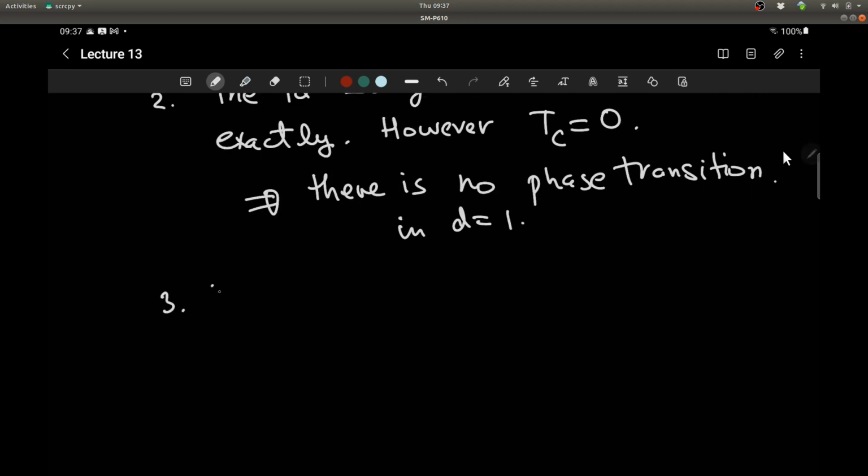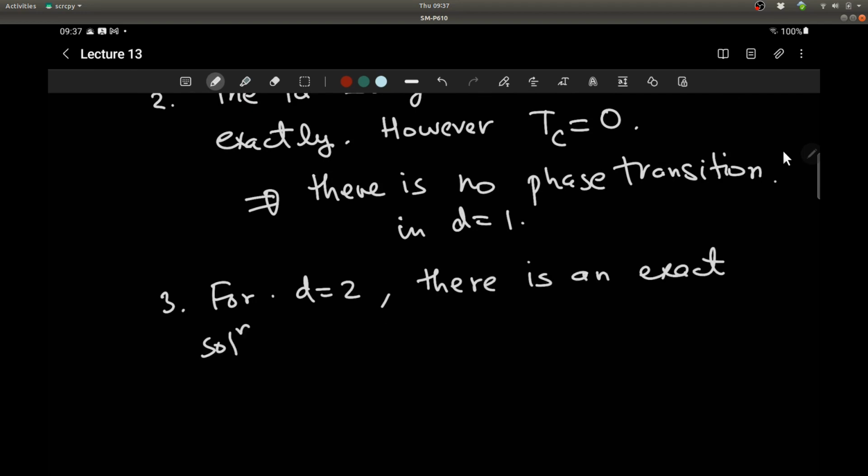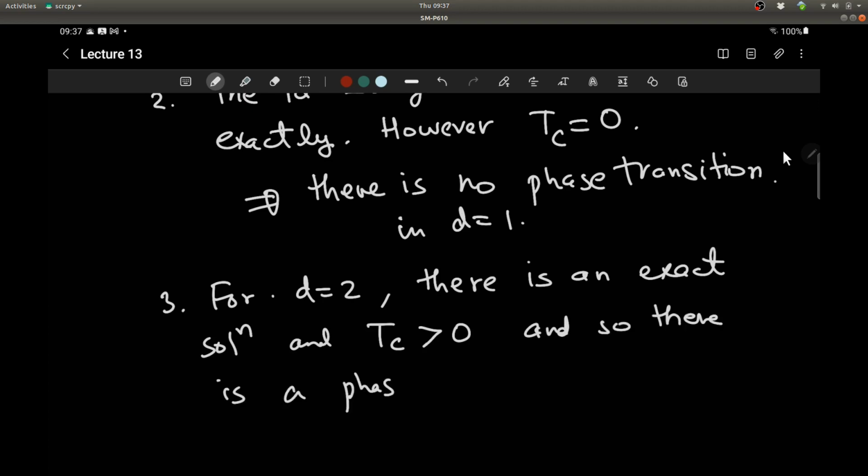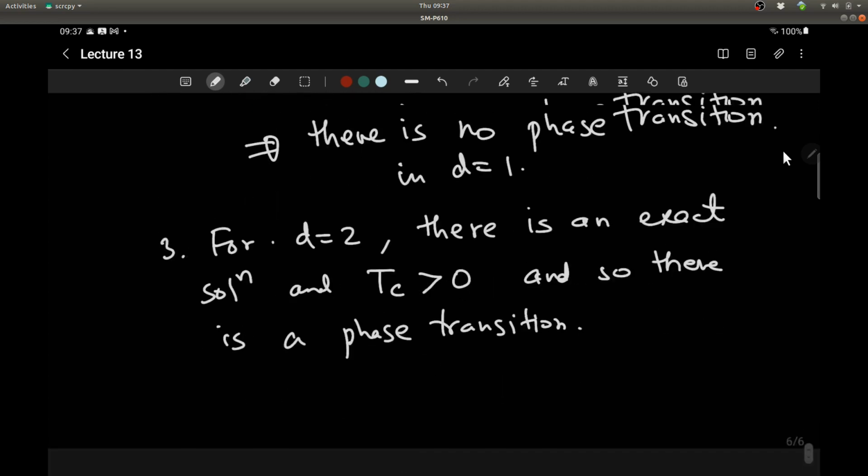However, for d equal to 2, there is an exact solution. Tc is greater than 0, and so there is a phase transition.